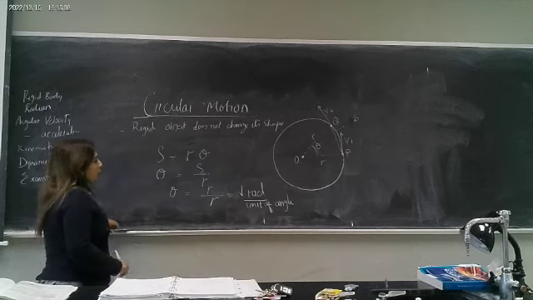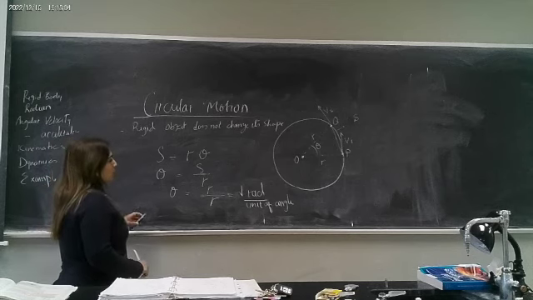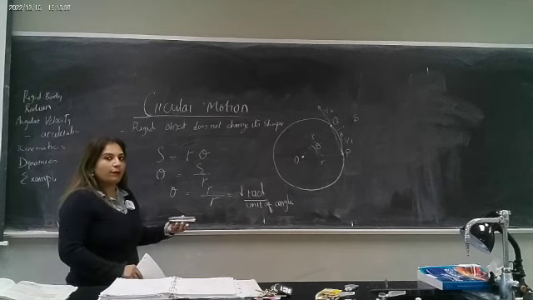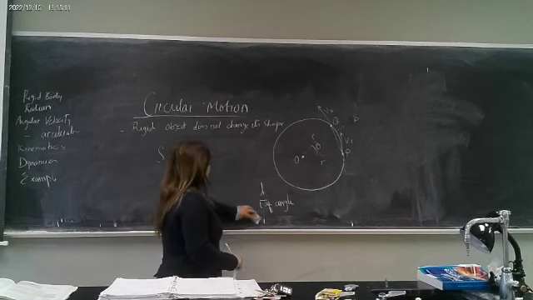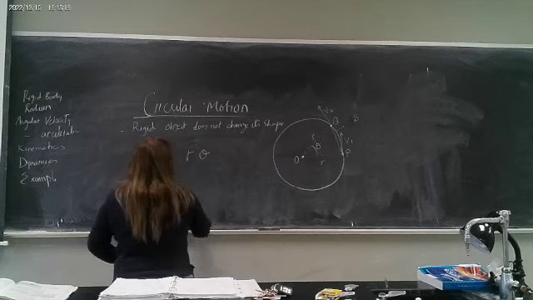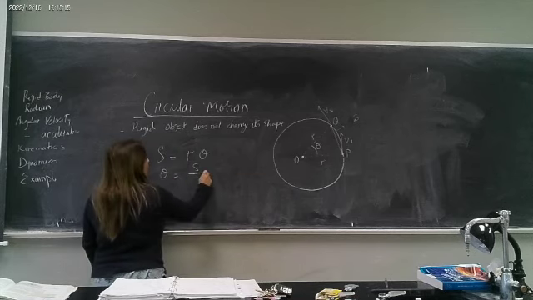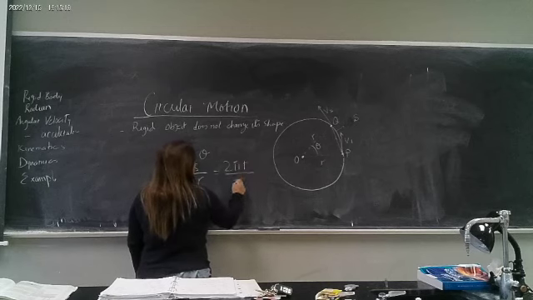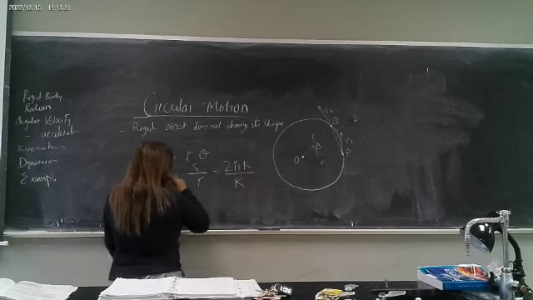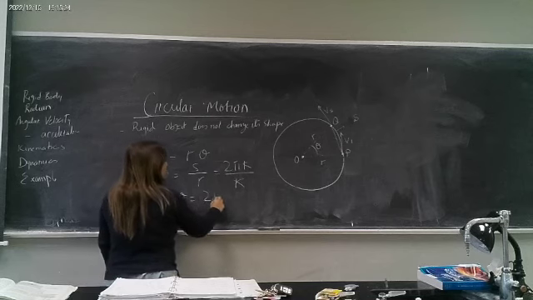In this situation, we can also try to get the values for more familiar equations that we know. For theta, theta is S over R. If it has completed one complete rotation, 2 pi R over R gets cancelled and you're going to get theta equal to 2 pi radians.